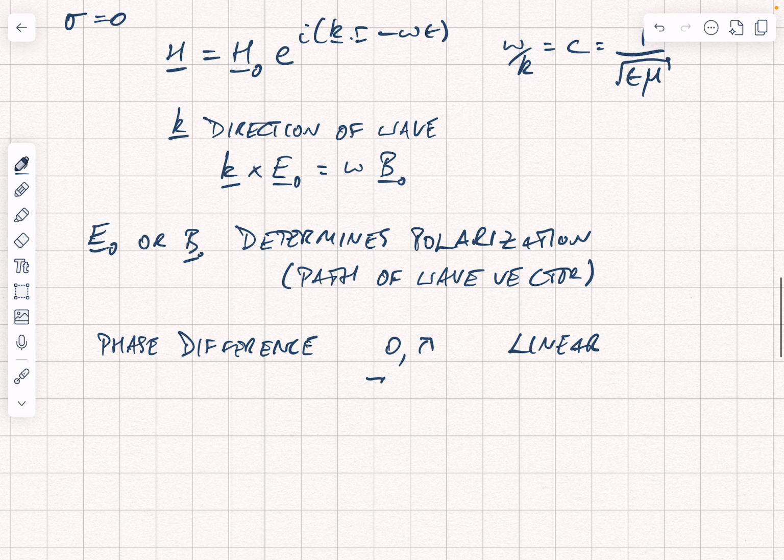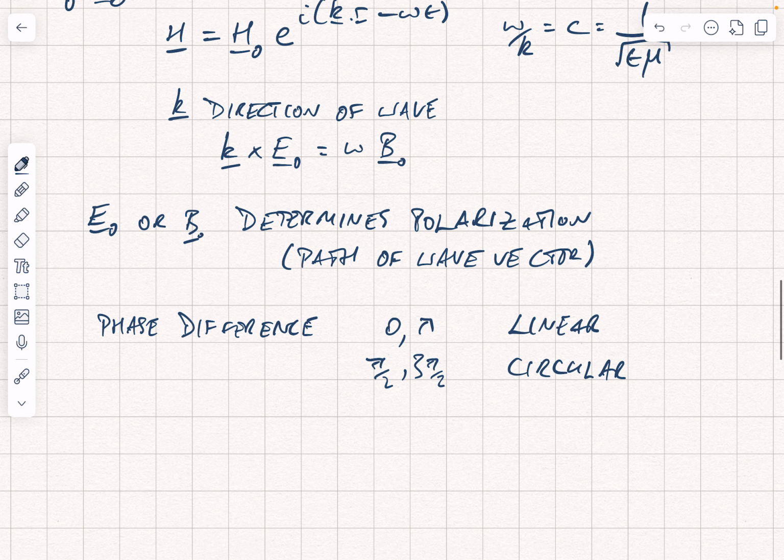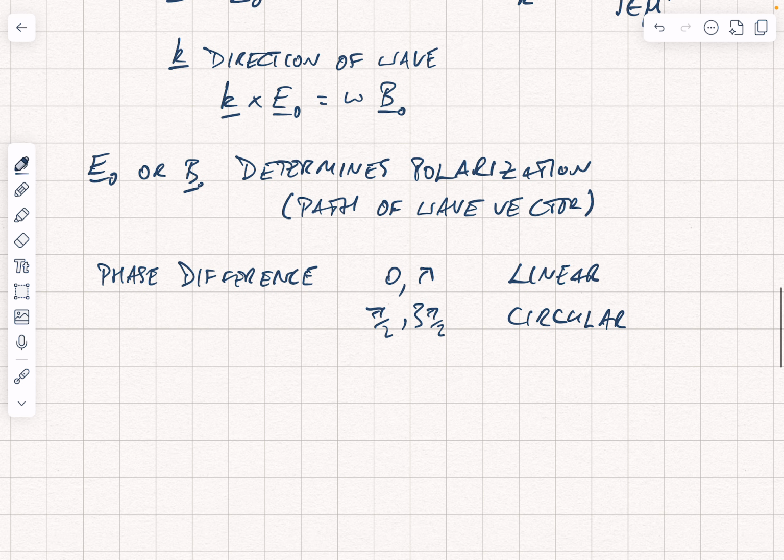If we have a phase difference of pi over 2 or 3 pi over 2, then we have circular polarization, provided the x and y components are identical. Sorry, when I said phase difference, I made a mistake. This is the phase difference between the x and the y components of an individual field, not between the E and the B field. I apologize for that.